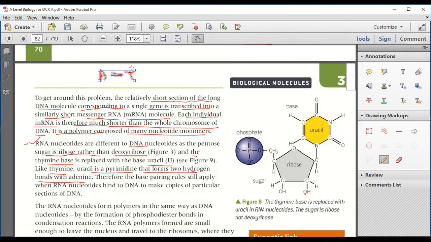So we have A double bond U, where U is uracil. Okay, so the base pairing rule will apply when RNA nucleotides bind to DNA to make copies of a particular section of DNA. So the same type of replication will take place. Correct?